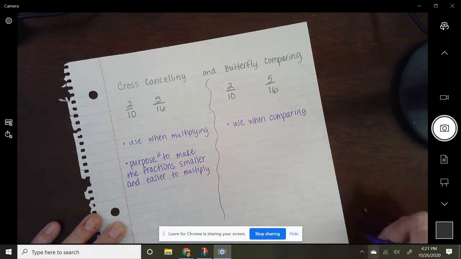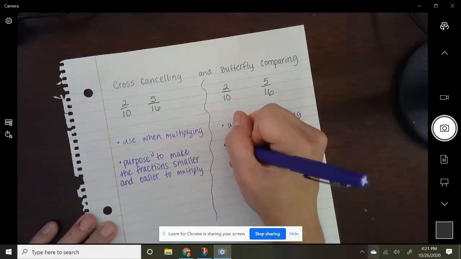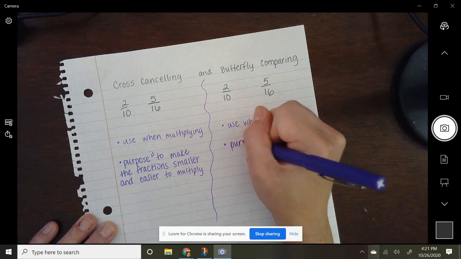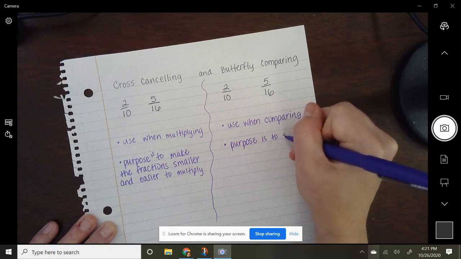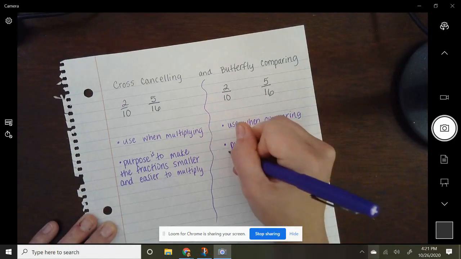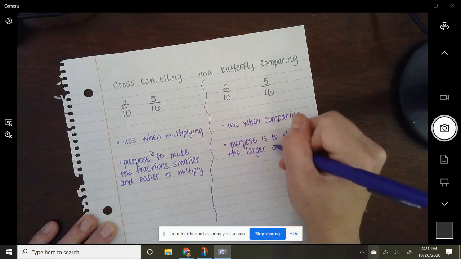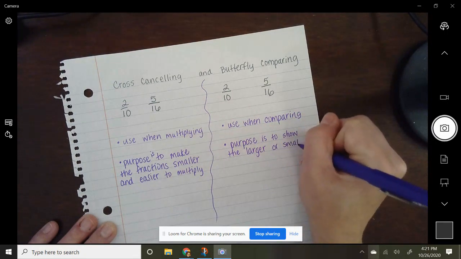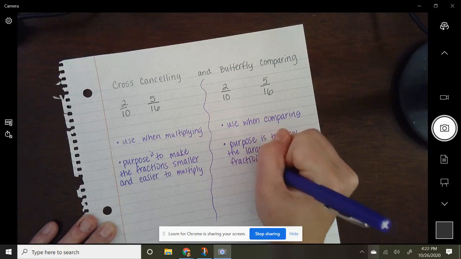That's the purpose of cross-canceling. The purpose of the butterfly method is to show which fraction is larger, the larger or smaller fraction.